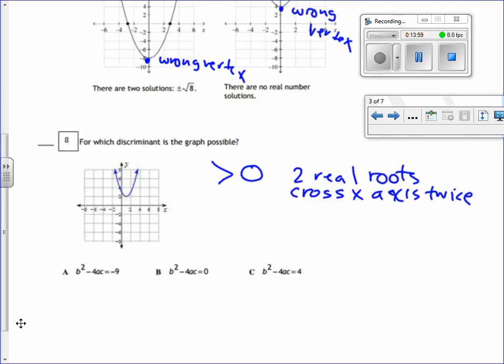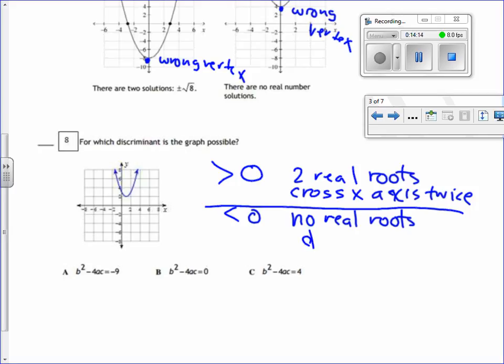If the discriminant is less than 0, you have no real roots. So how many times do you cross the axis if you have no roots? You don't, guys. It doesn't cross the x-axis.